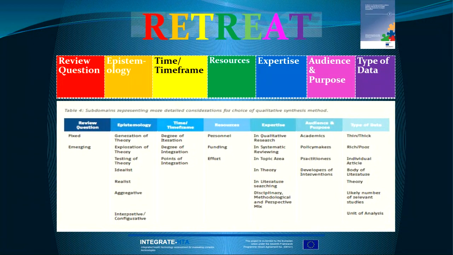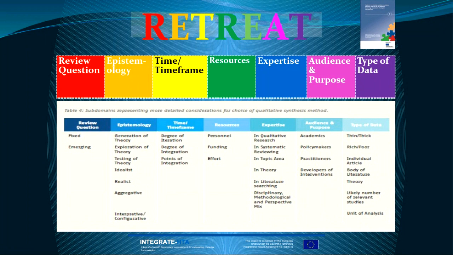The amount of time or time frame within which you're expected to deliver the review, and linked to this, the resources that you have, perhaps in terms of personnel and funding, the expertise in terms of to what extent are the team familiar with qualitative research, or to what extent are they having to follow a fairly simple template, the audience and purpose, so is it for decision making or is it more for general enlightenment, and the type of data.